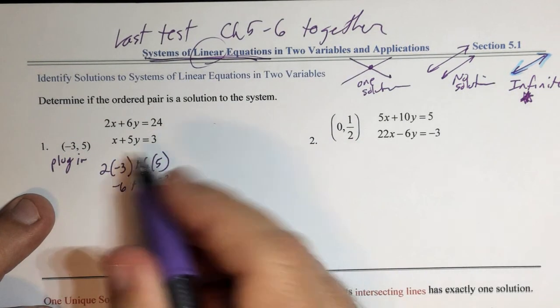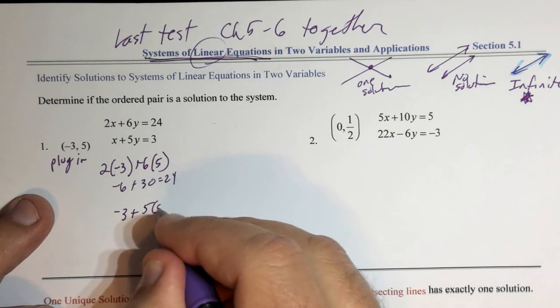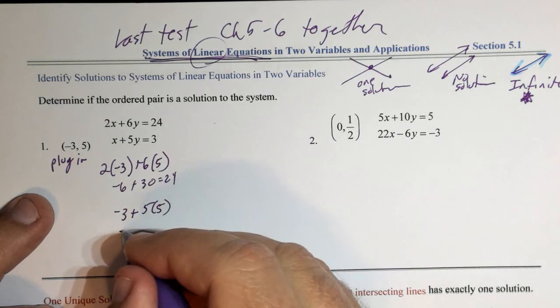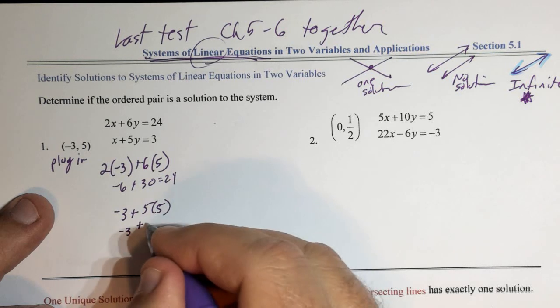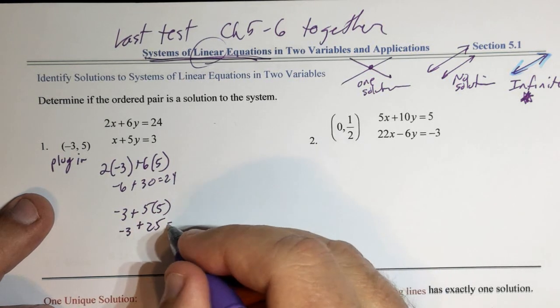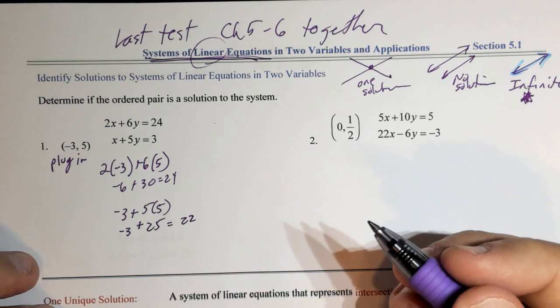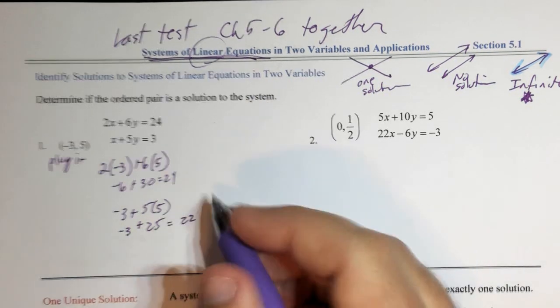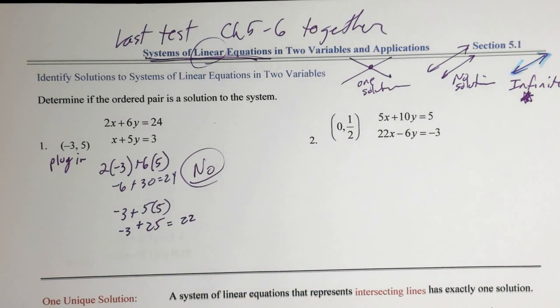And then plug it into the bottom. You've got to check both. Negative 3 plus 5 times 5, which would be negative 3 plus 25, which is 22. Okay? So in that case, the answer is no.